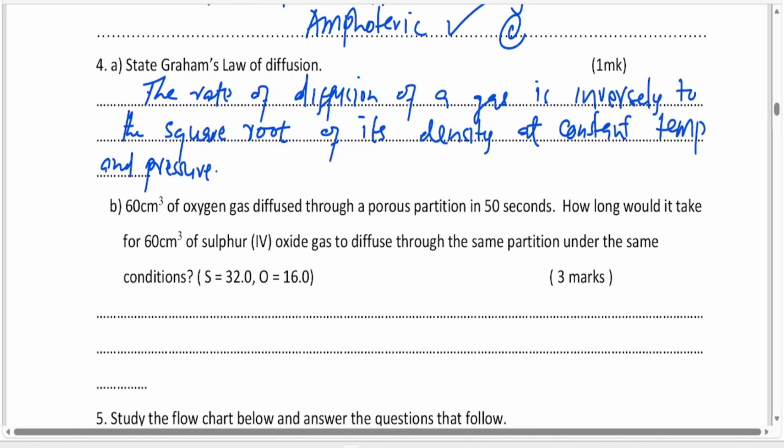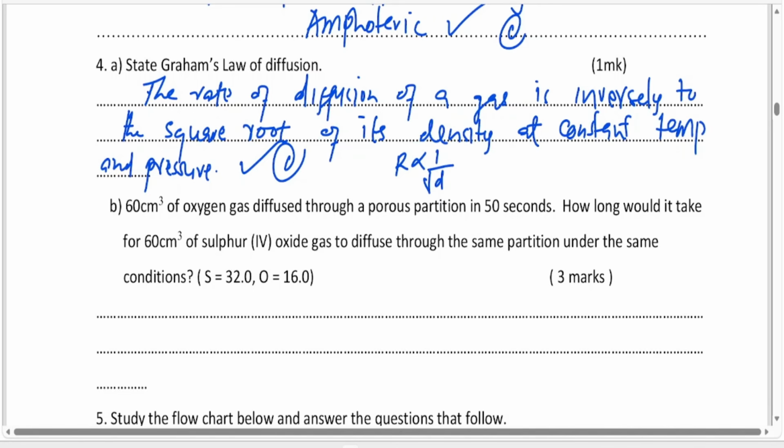The statement should be complete for you to score a mark. So we know that the rate of diffusion of a gas is inversely proportional to the square root of its density. And this is where we get the formulas that we use to work out the rate of diffusion of gases or determine molecular masses when we are given the rate.